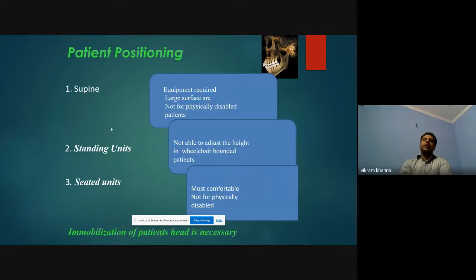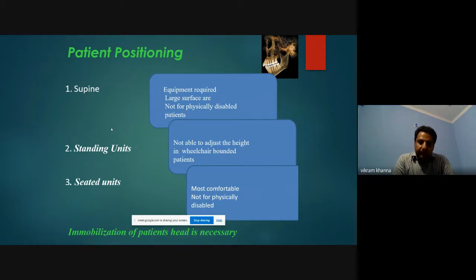What types of machines are available in the market? Supine machines, standing units, and seated units. Supine machines are generally good for patients who have trauma or who can't sit up, or ambulatory patients, but they require a large surface area. Standing units are good, but patients with trauma or patients in a wheelchair get some problems, because the machine cannot be lowered that much.